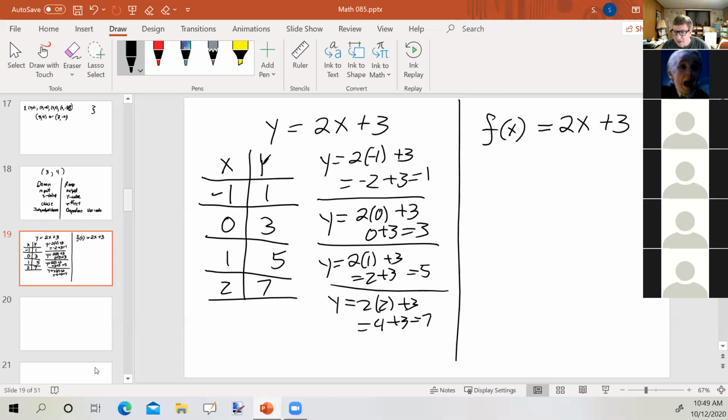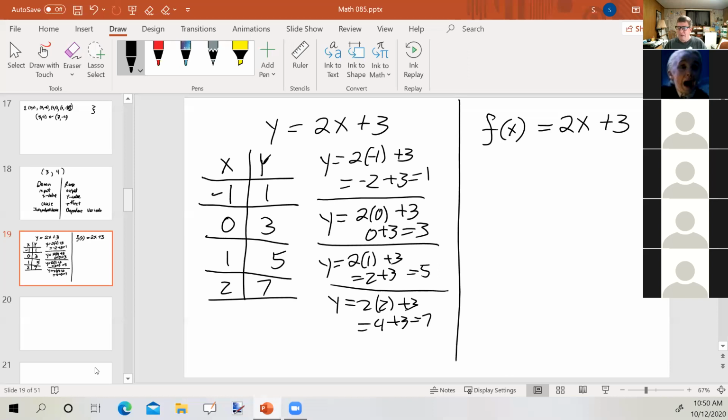If we go back to our Math 75 percentage days, 7 is 3% of what number? The word of can be multiplication in that context. So saying f of x sounds like multiplication. It looks like multiplication. It sounds like multiplication, but it's not multiplication. It's just a single symbol to replace y.